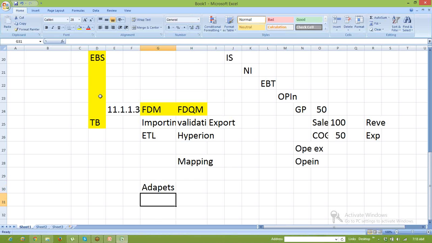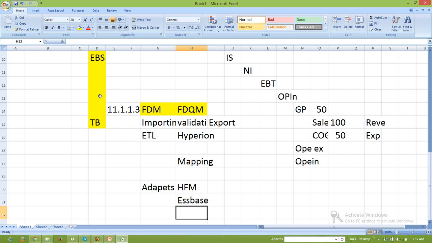We have HFM adapters and Essbase adapters separately. When you want to load data into the HFM application, you need to import and register the HFM adapters. When you want to load data into Essbase cubes using the FDQM application, you need to use the Essbase adapters.